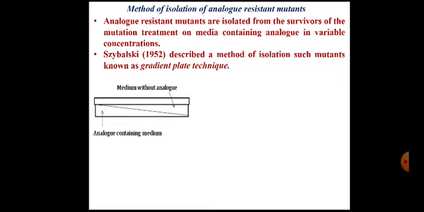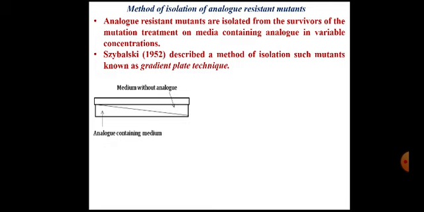If we see from left to right, what will happen? The analog which is present in the medium at the bottom will diffuse to the top. If we look at the distance required for the diffusion of this analog from bottom to top, it increases when you go from left to right.